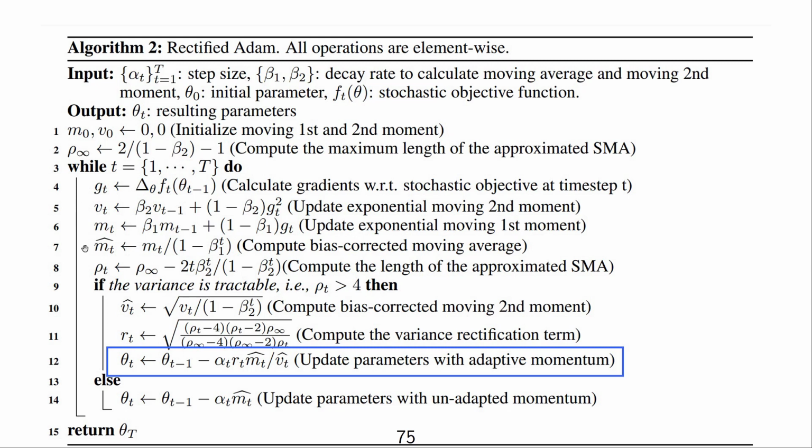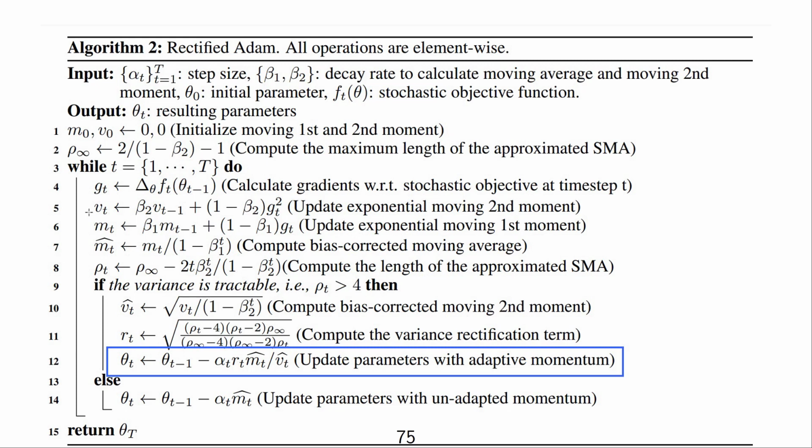This is the same, and we have a bias correction term that is also the same. This bias correction term applies to the first moment. The authors seem to be most concerned with the second moment, the adaptive learning rates.